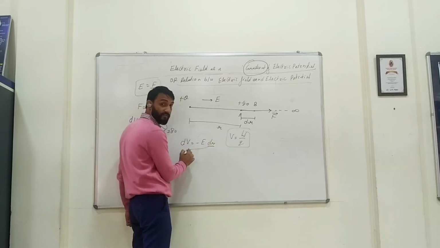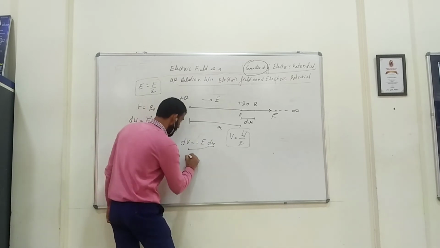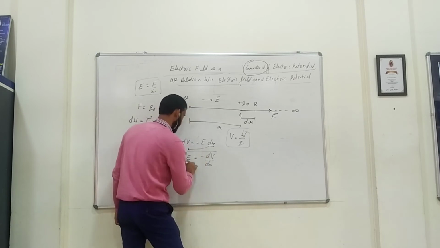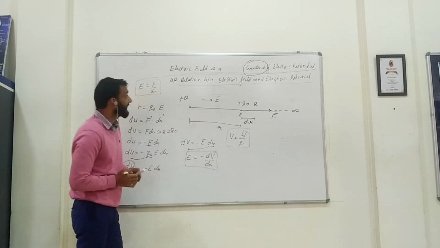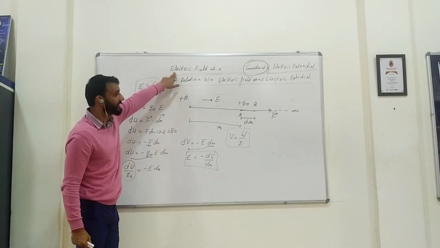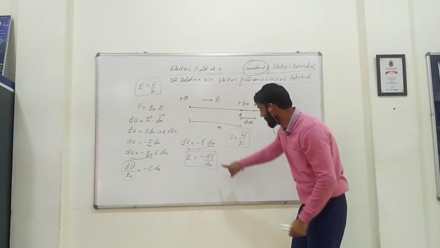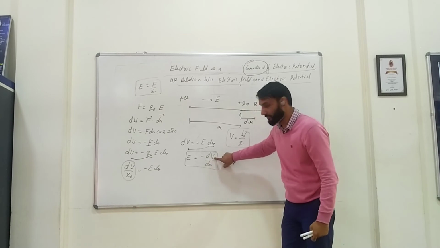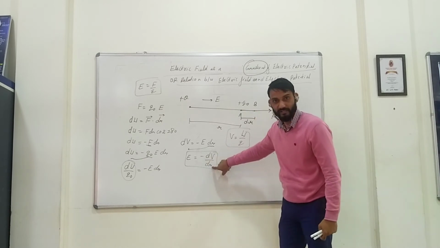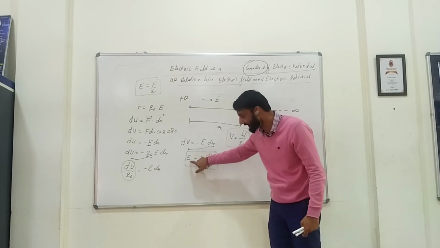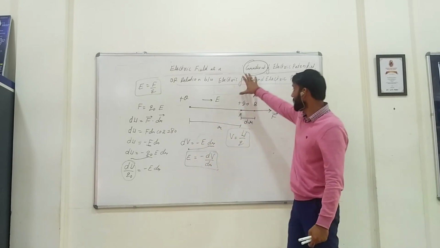If I bring it downwards, E is equals to minus dV by dr. If you look at my heading, it says electric field as a gradient of electric potential. This is the gradient: change in electric potential with respect to the displacement. So this is the potential gradient. So potential gradient equals electric field. This is what the relation is.